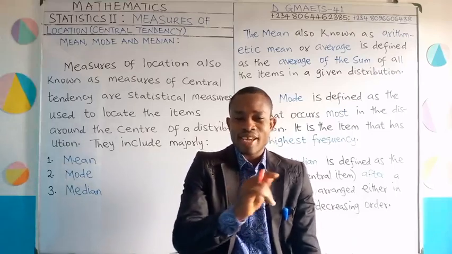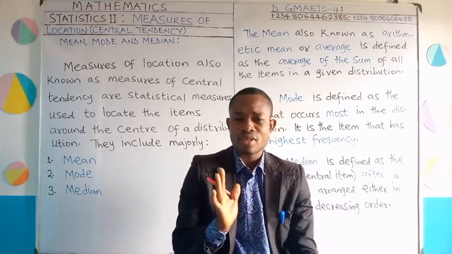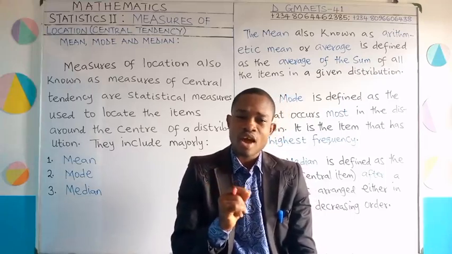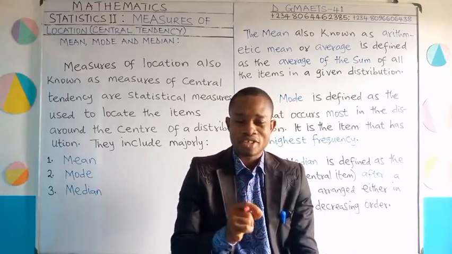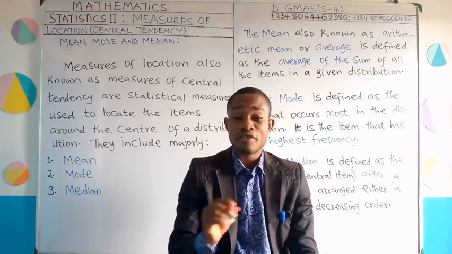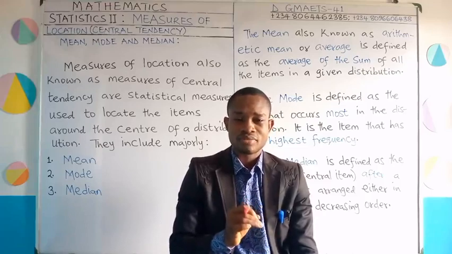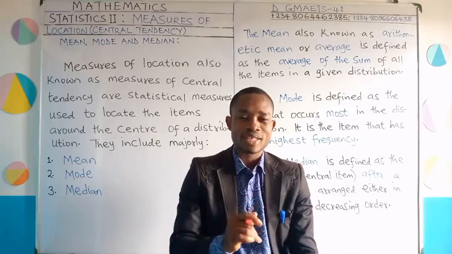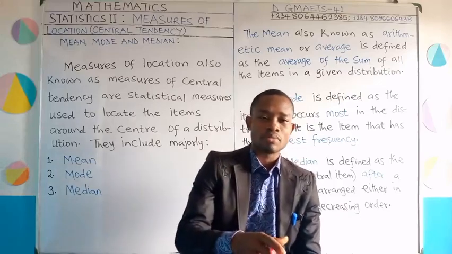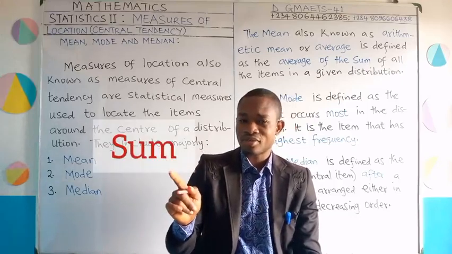When you take the average of the sum of the items in the distribution, you have gotten the mean. Now, what is average? Whenever you hear average, it goes with division. So when you hear from the definition that it is the average of the sum, sum means addition.